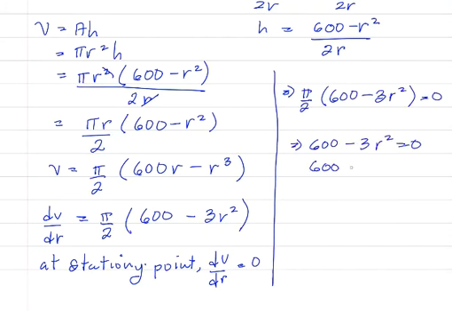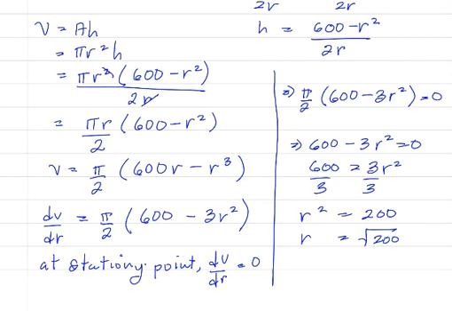So 600 is equal to 3r squared. Divide both sides by 3. We get r squared is equal to 200, and r would be equal to the square root of 200. So at the stationary point, where a maximum or minimum occurs, the radius is equal to the root of 200.